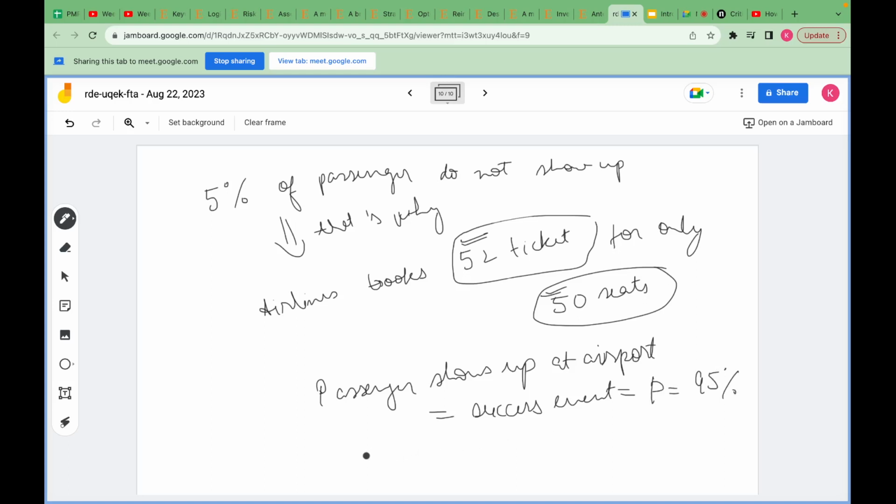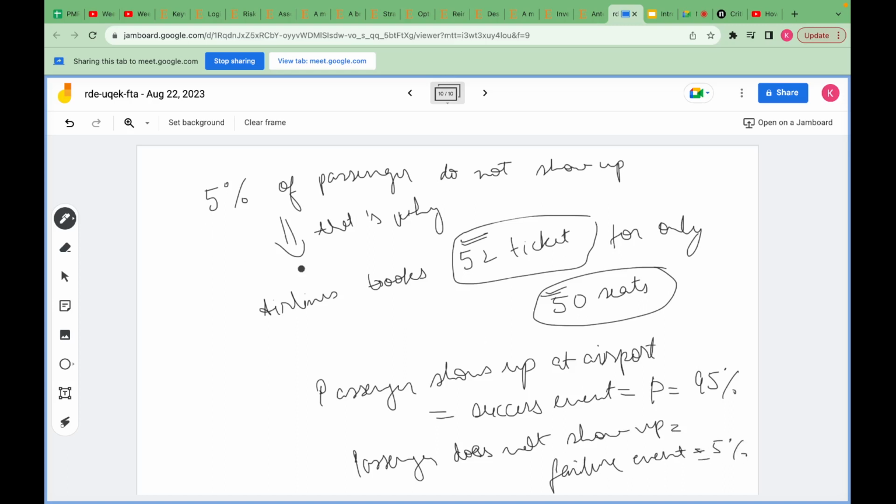The probability that a passenger does not show up is treated as a failure event, whose probability is 5%.